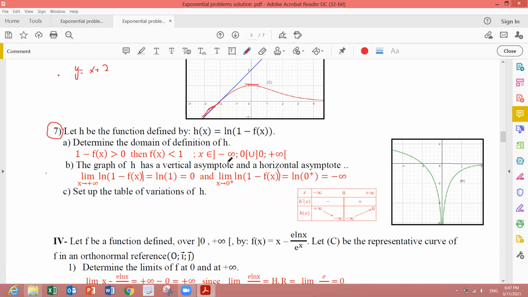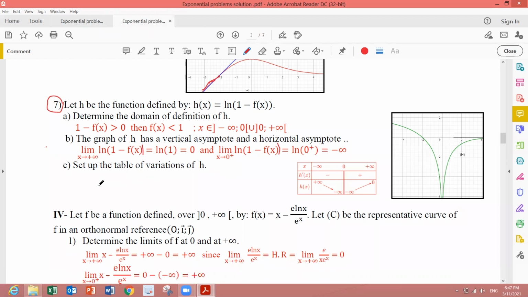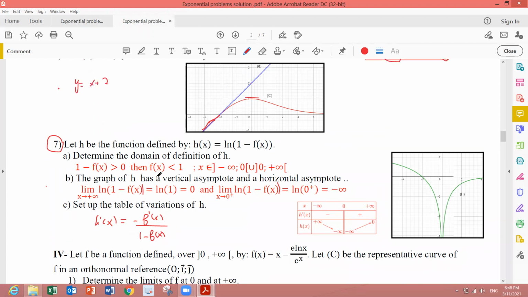To set up the table of variations, we have h prime of x. The derivative of ln u is u prime over u, so it equals minus f prime of x over 1 minus f(x). 1 minus f(x) is positive, so h prime of x has the opposite sign of f prime.